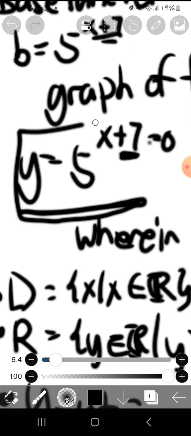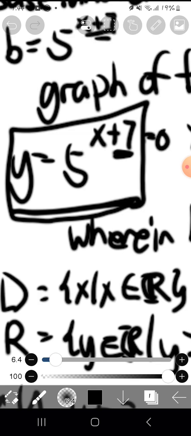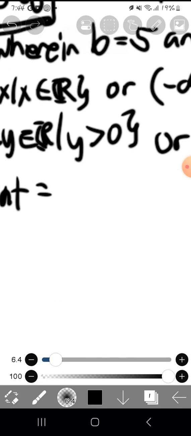Y equals 5 raised to x plus 7. Pag substitute mo yung value ng 0 sa x, magiging 5 raised to 7. Ayan na yung y-intercept natin. What is 5 raised to 7? Laki yun. Wait, search ko naman. 5 raised to 7 is 78125.